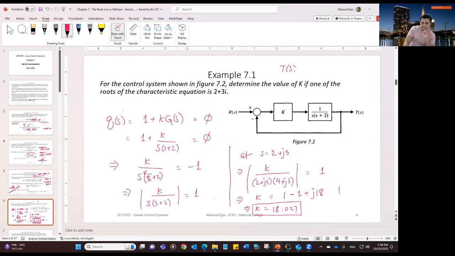Your transfer function is KG(s) over 1 plus KG(s). No, that's the same thing. That is the same thing. That's going to give you K over s(s plus 2) over (s squared plus 2s plus K). So this will give you the poles or roots of the characteristic equation.